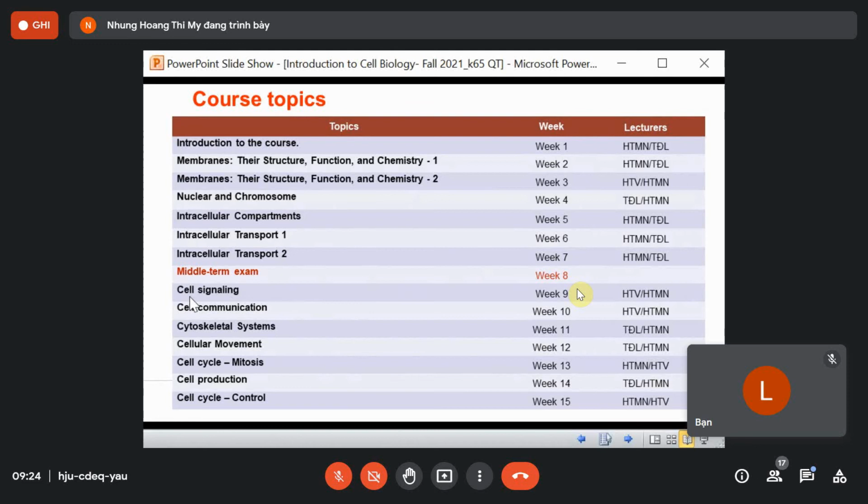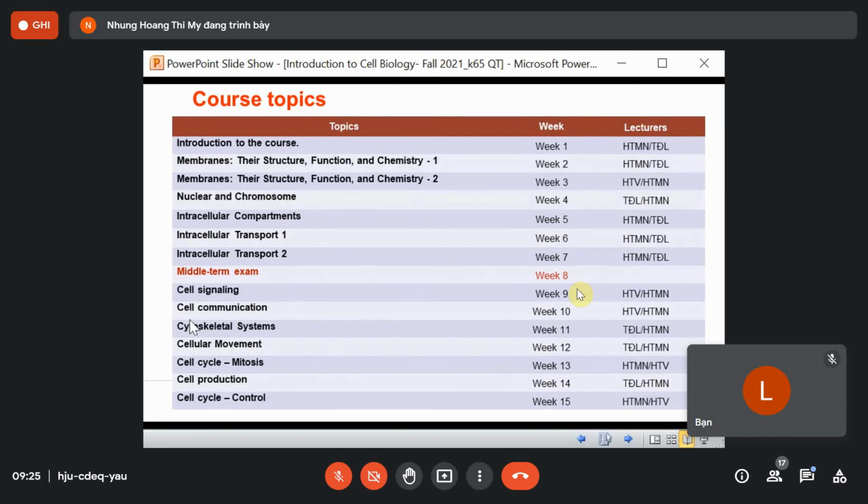So for the cell signaling part in this course, we just give you some main, very basic functions of some receptors on the cell surface involved in signal transduction inside the cell. And of course, you have to read many materials, many textbooks and many papers to understand well about each process you want to know.